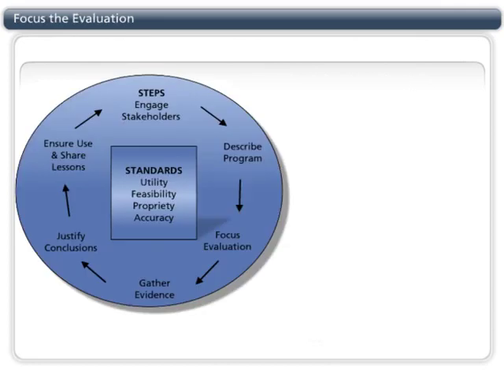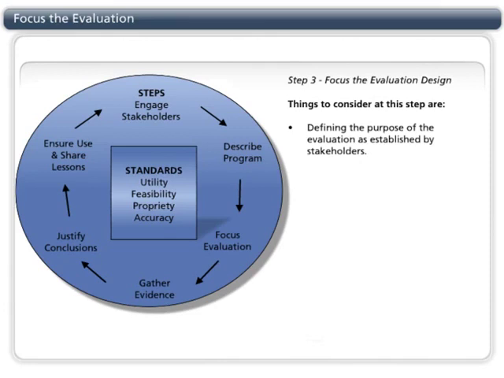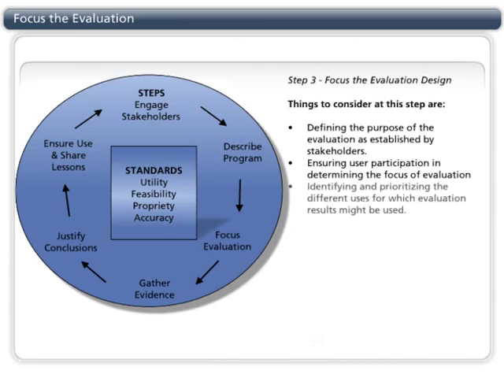The third step of the framework is to focus the evaluation design. At issue is striking a balance between meeting the concerns of stakeholders and using resources efficiently. Things to consider at this step are defining the purpose of the evaluation as established by stakeholders, ensuring user participation in determining the focus of evaluation, identifying and prioritizing the different uses for which evaluation results might be used, determining questions to be asked.